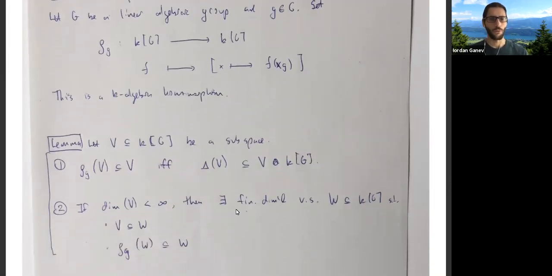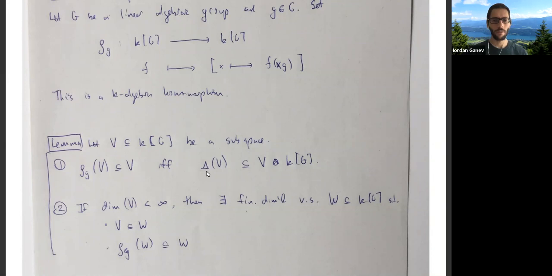which says the following. If we have a subspace V of the affine algebra of G, then it's stable under this action, so rho sub g of V is contained in V, if and only if we have this identity.